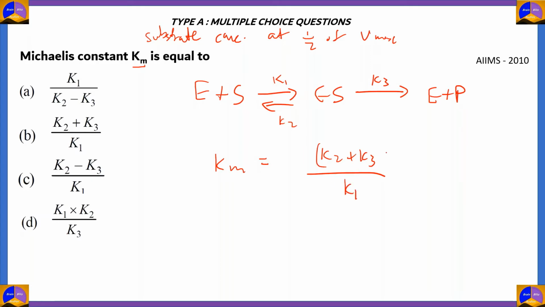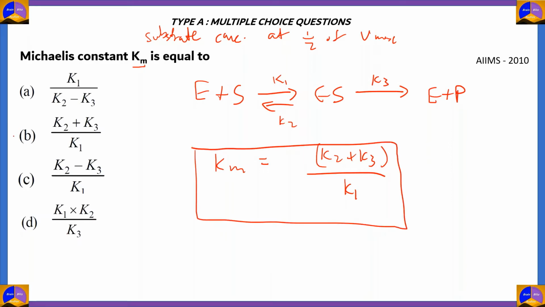So K2 plus K3 divided by K1 is the Michaelis constant. And therefore, we find that option B is the right answer. Remember that it is K2 plus K3 because we are considering both the backward equation to enzyme plus substrate and the forward equation to enzyme plus product.